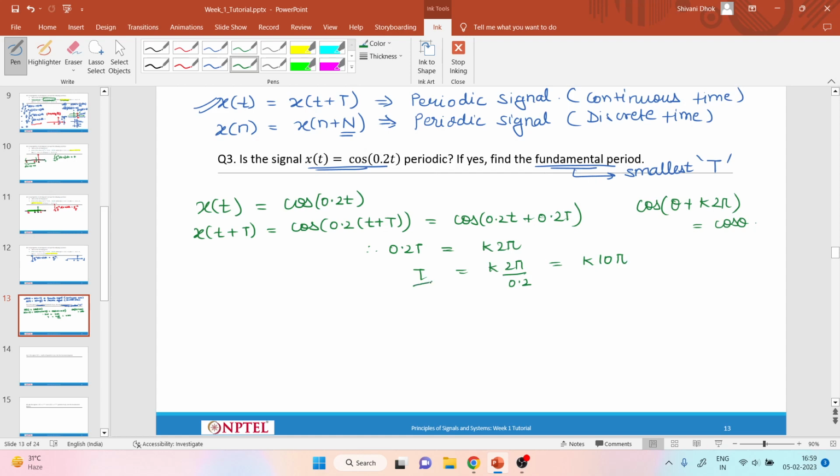So when I am finding this T, I am assured that there exists some T that guarantees this signal will repeat after some time. There exists some T, and therefore I can say that it is a periodic function or a periodic signal.